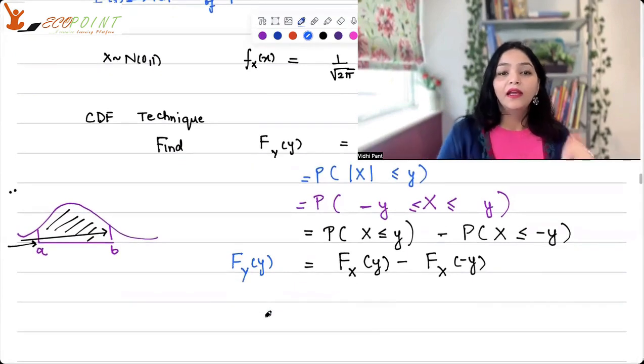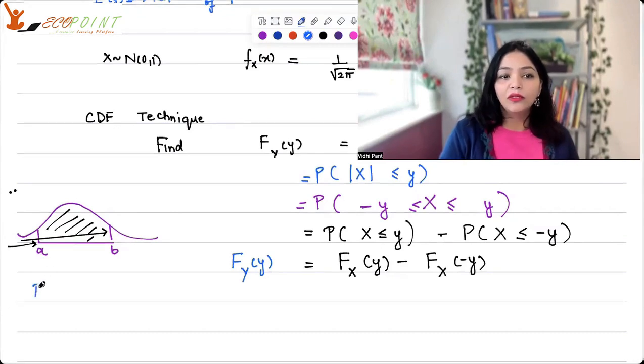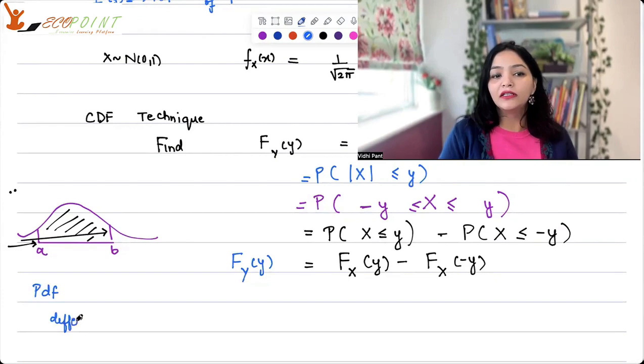Okay. How do you move from CDF to PDF in continuous random variables? By differentiating. So in order to get the PDF, you will differentiate with respect to y.